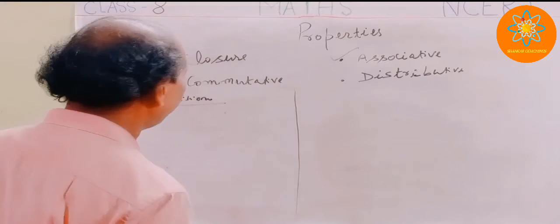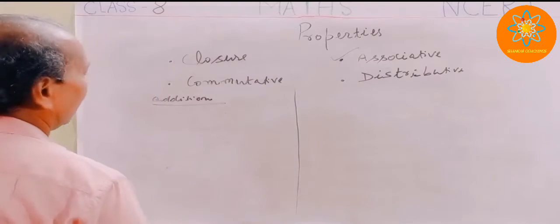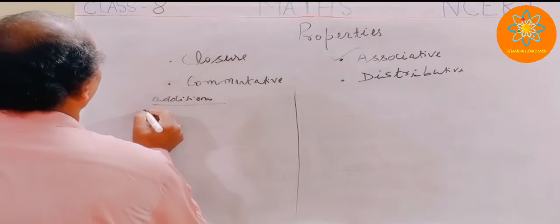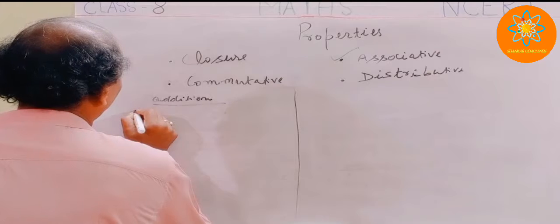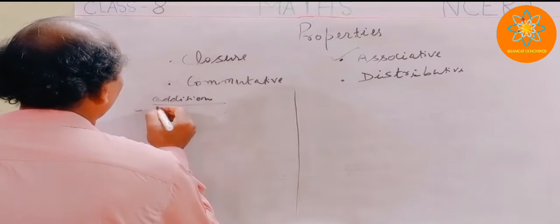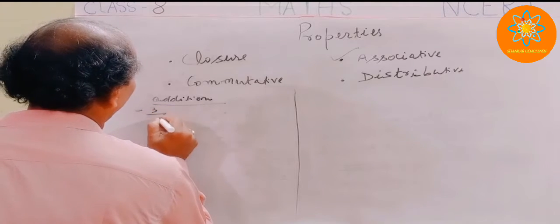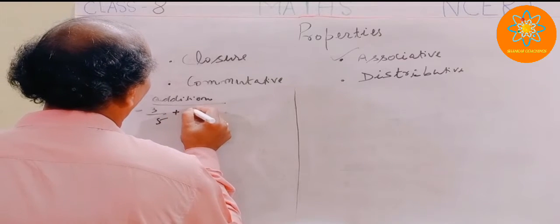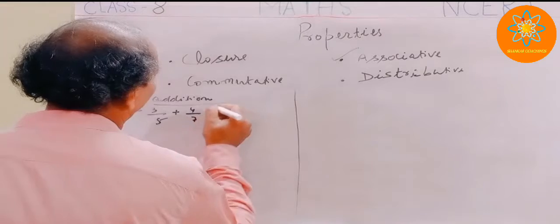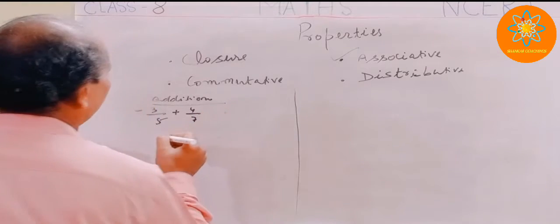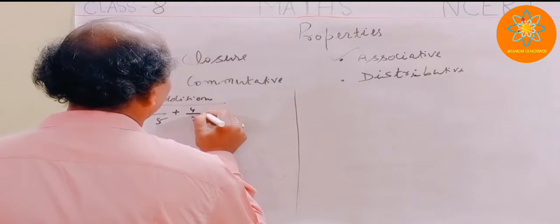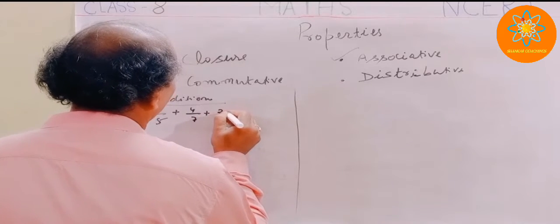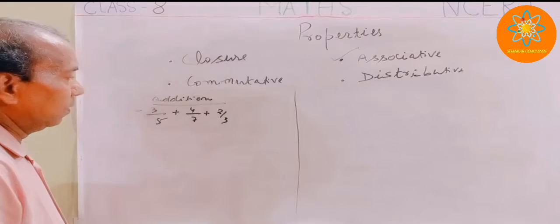In the case of addition, let's suppose I am taking three numbers: minus 3/5, plus 4/7, and plus 2/3.